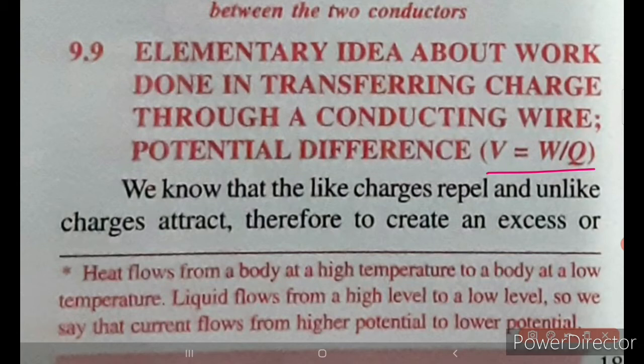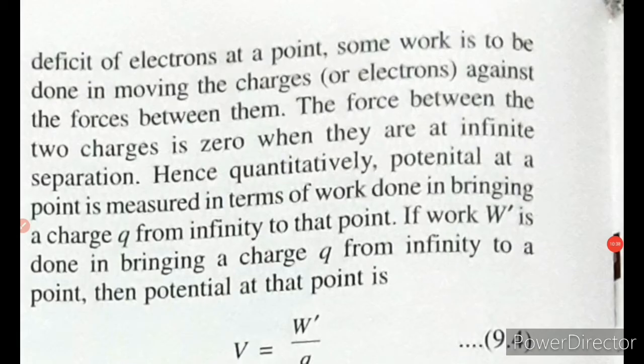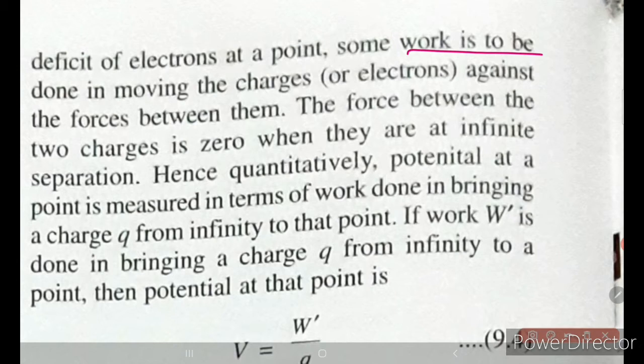We know that like charges repel and unlike charges attract. Therefore, to create an excess of electrons or a deficiency of electrons, we need to do work. So either to make an excess of electrons or a deficiency of electrons, some work needs to be done in moving these charges to make a body positive or negative.